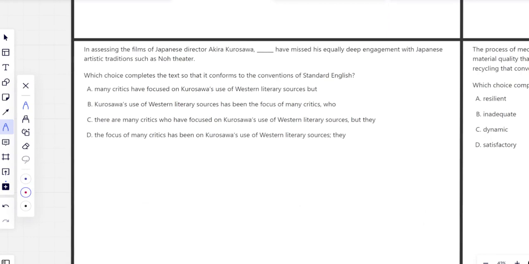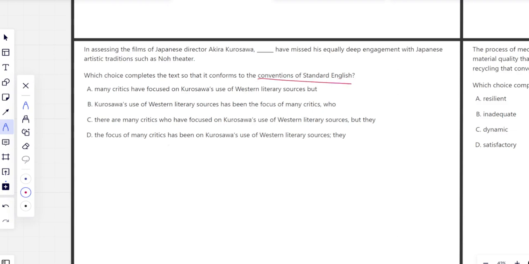Next down, we got reading and writing next. In assessing the films of Japanese director Akira Kurosawa, blank have missed his equally deep engagement with Japanese artistic traditions, such as Noh theater. Which choice completes the text so that it conforms to the conventions of standard English?